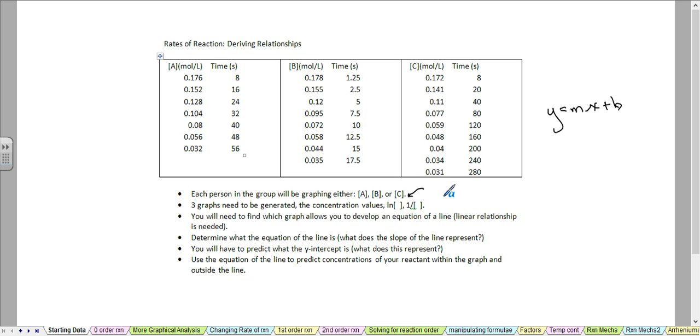The third graph is going to be an inverse graph, 1 over concentration. You would take the number 1 and divide it by the concentration.